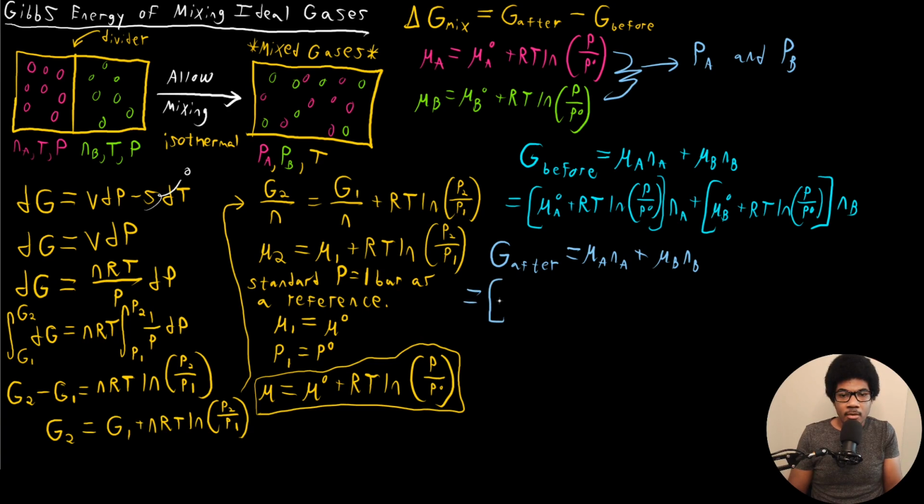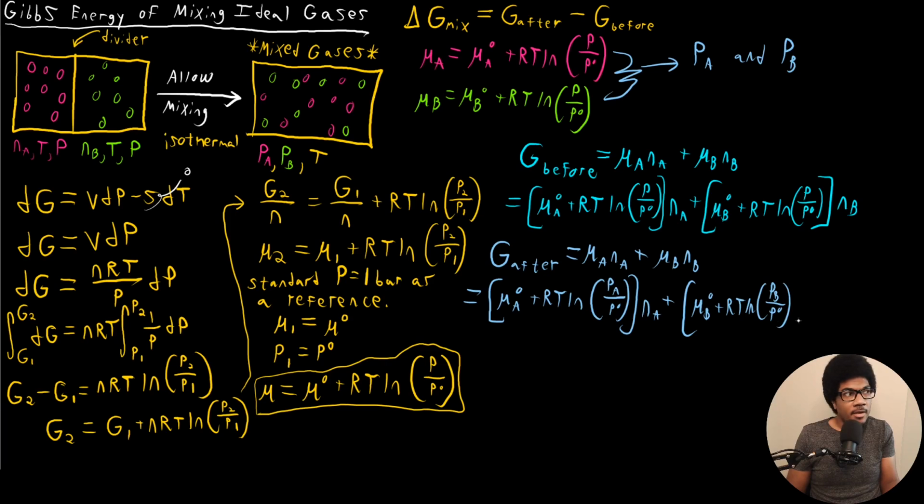So here again, we have mu A naught plus RT ln, for A, now we're going to have the partial pressure of A over P naught, plus a similar expression for B, PB over P naught, times Nb. Okay, so here we have our expressions for the Gibbs free energy before mixing and after mixing, right?